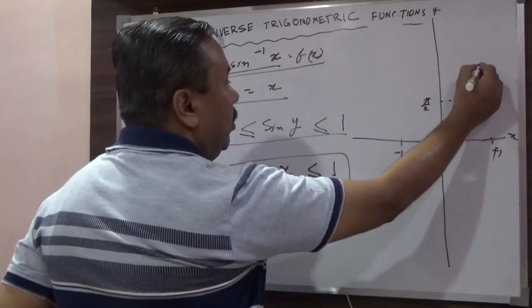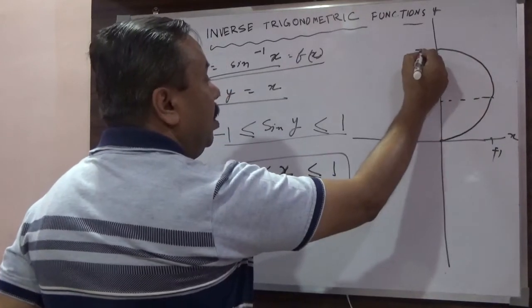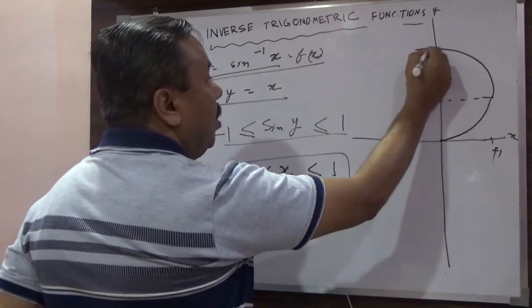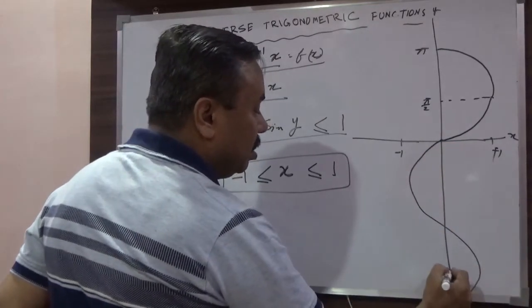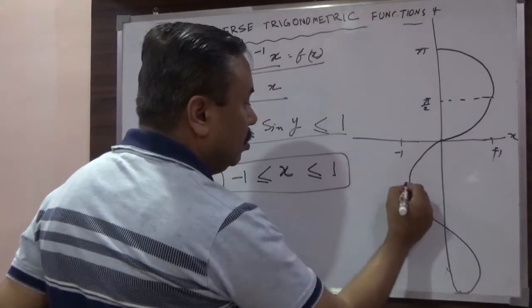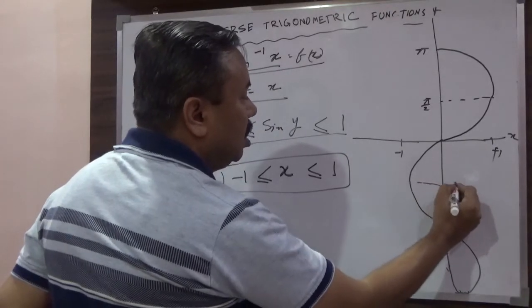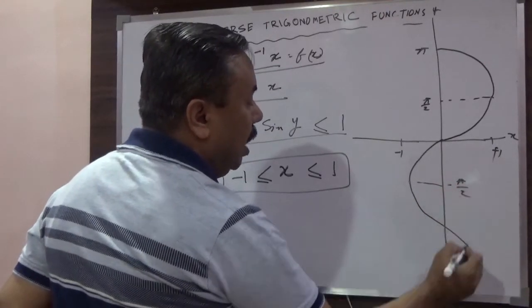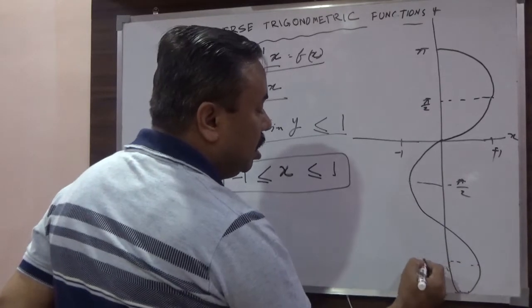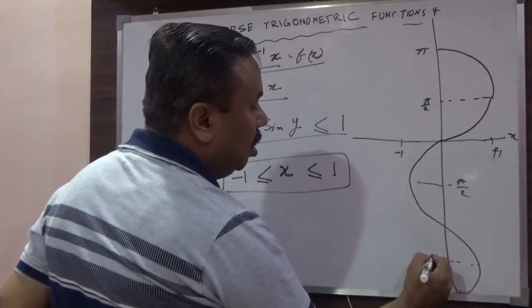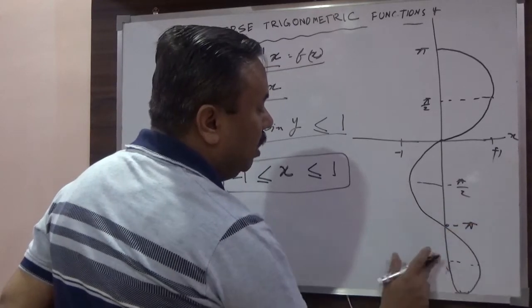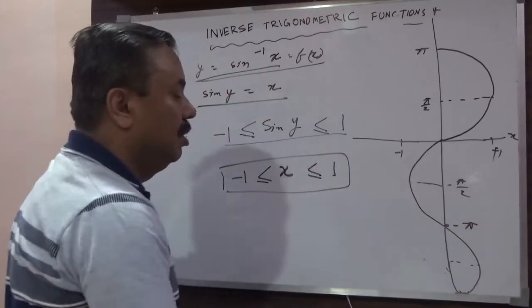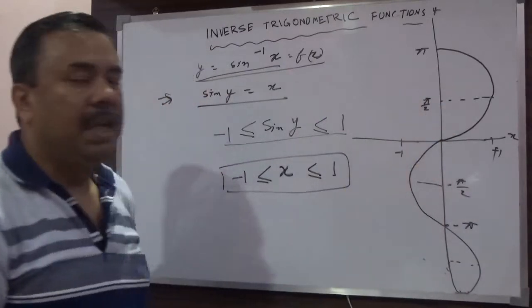Similarly, it will go on, then it will be pi. Similarly, from this side also, it will be going like this. This is minus pi by 2, and this is minus pi, and it will keep on moving like this.